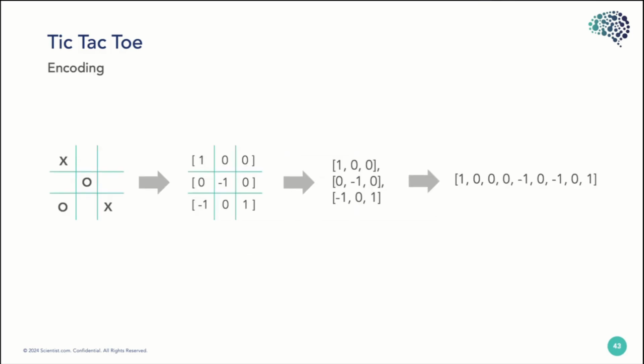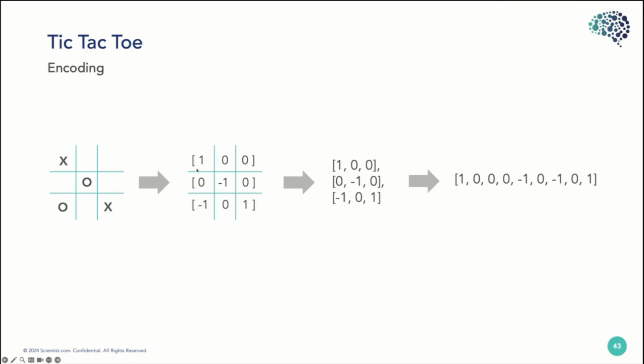So the first step in training a network to play tic-tac-toe is to encode the data, right? The network doesn't know anything about tic-tac-toe. It doesn't know anything about words or pictures or anything. You have to give it numbers. So I'm going to encode my moves as 1, my opponent's moves as -1, and empty cells as 0.